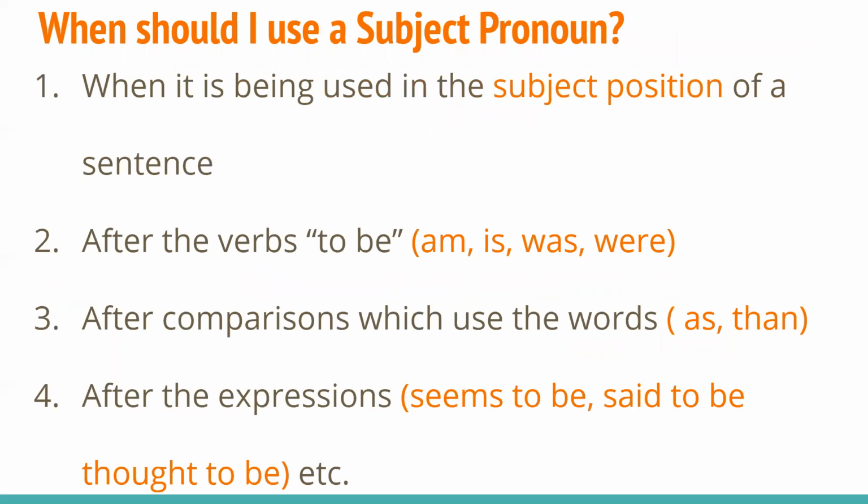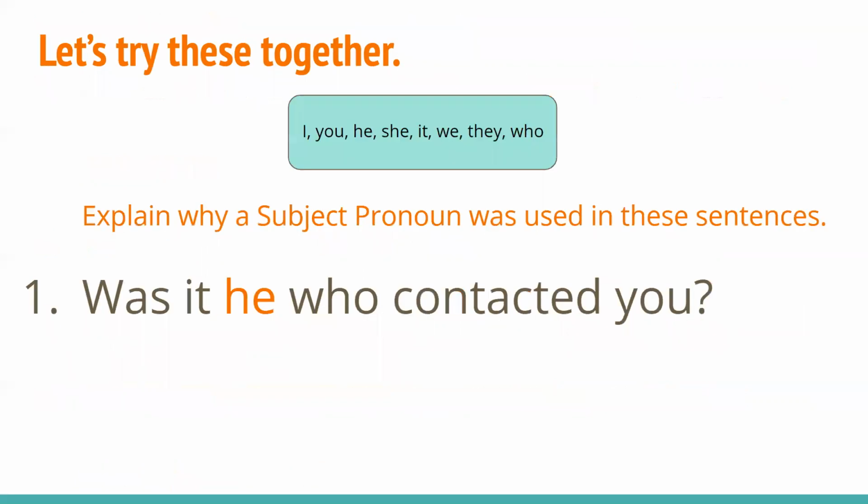So we've gone through examples of all 4 rules or guidelines. Write them in your book. Ensure that you have the examples as well. Now let's practice. We're going to explain why a subject pronoun was used in each sentence. Was it he who contacted you?